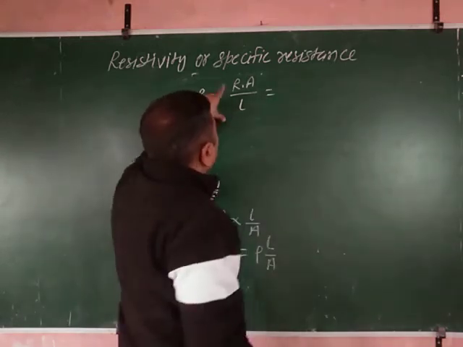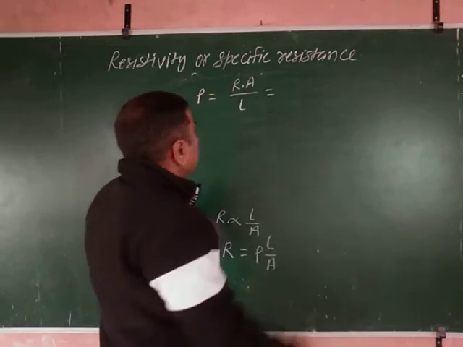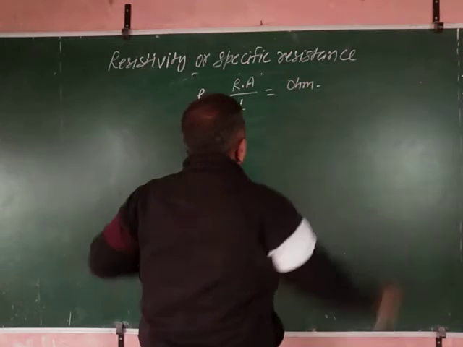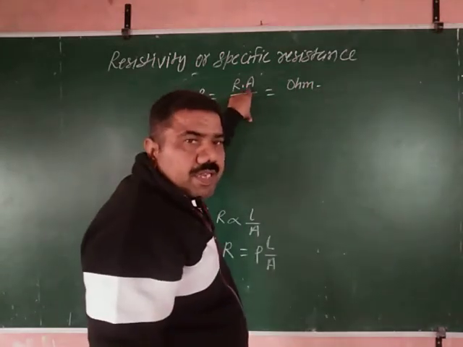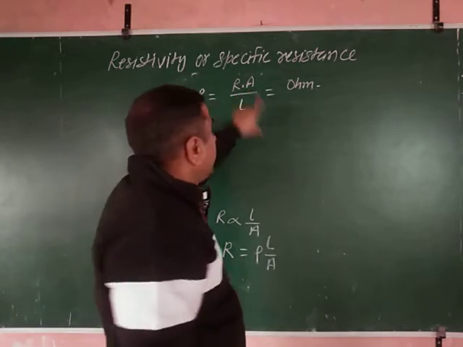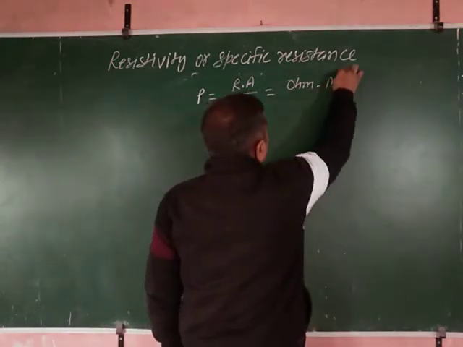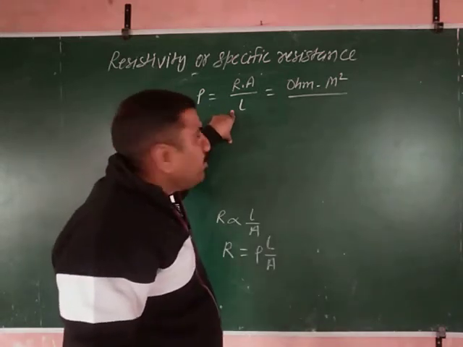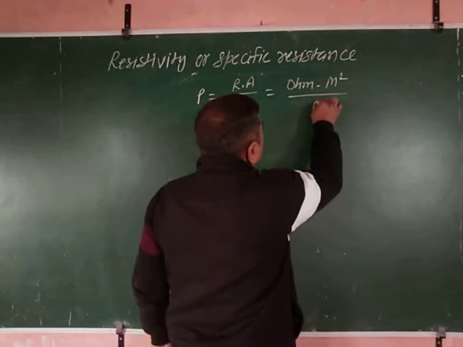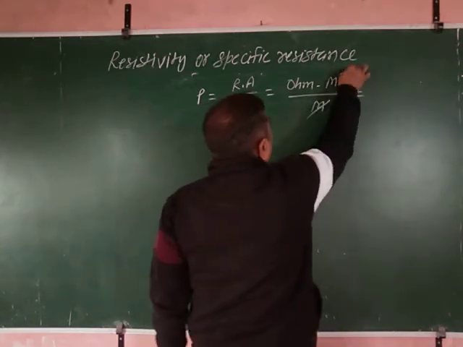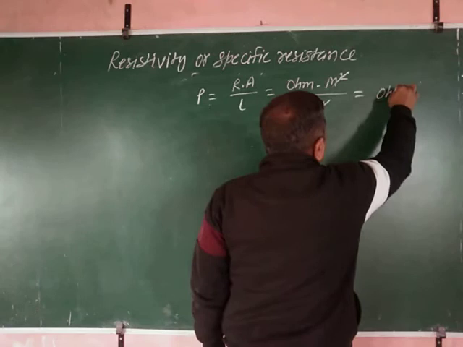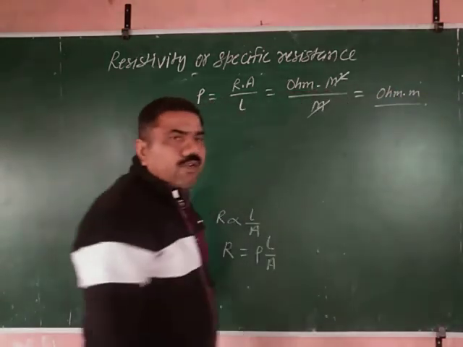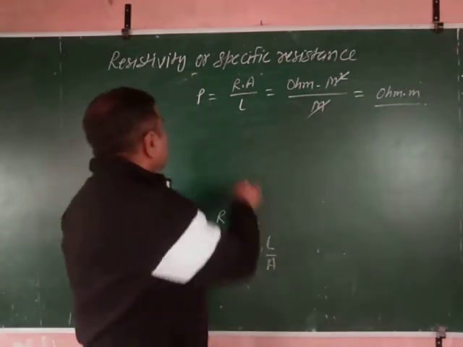R represents resistance of the conductor, and the unit of resistance is ohm. A represents the cross section area of the conductor, and its unit is meter square. L is the length of the conductor, and its unit is meter. Now we have ohm into meter. That is, the unit of specific resistance is ohm into meter.